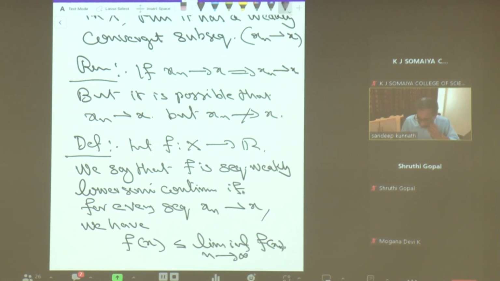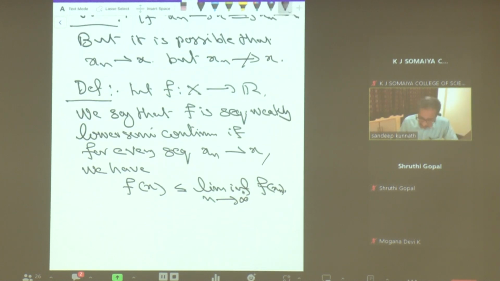That means if Xn converges to X weakly, then f of x should be less than or equal to lim inf of f of Xn. So this is a function which is sequentially weakly lower semi-continuous.